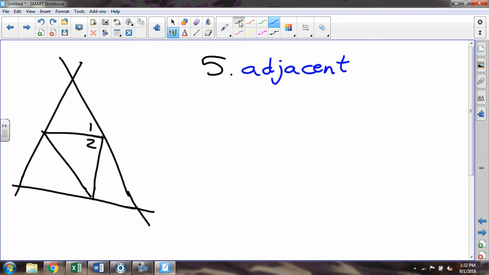Progressing to problem number 6. Problem number 6 asks us about angle 1 and angle 3. When we draw those out, we have angle 1 and angle 3. Where are they? Adjacent, linear, or neither?